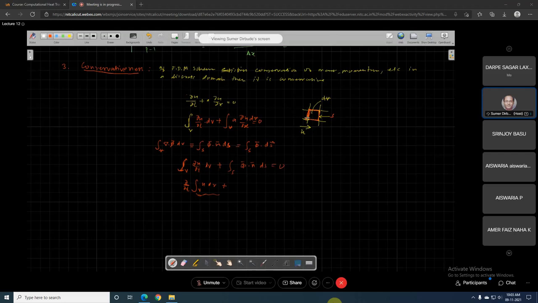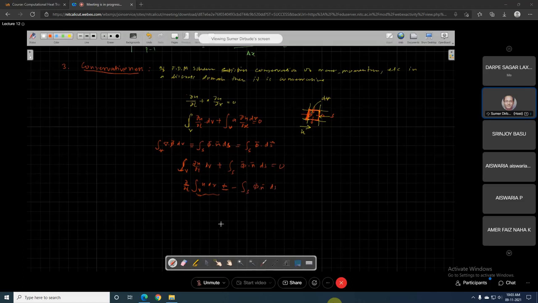So this represents the net flux entering and leaving through these surfaces.